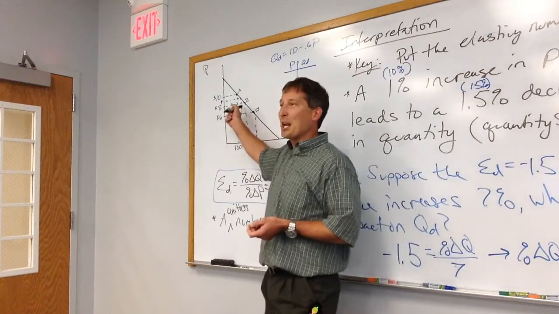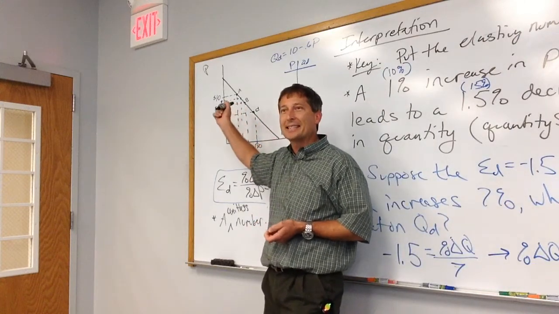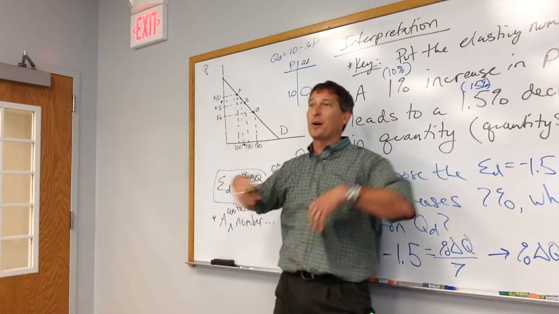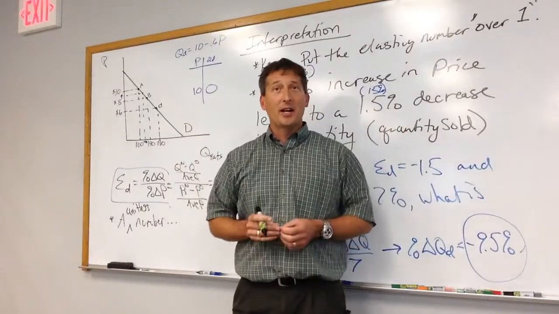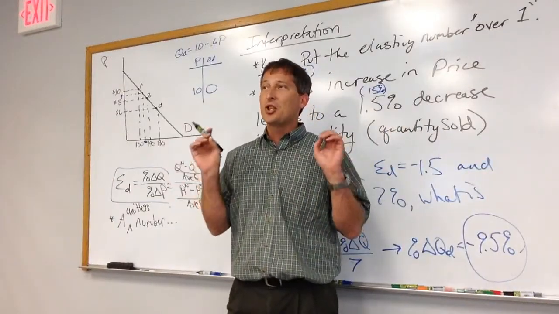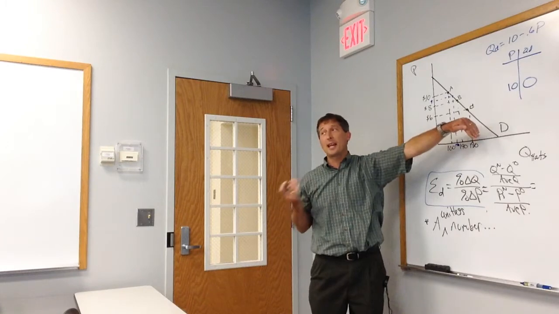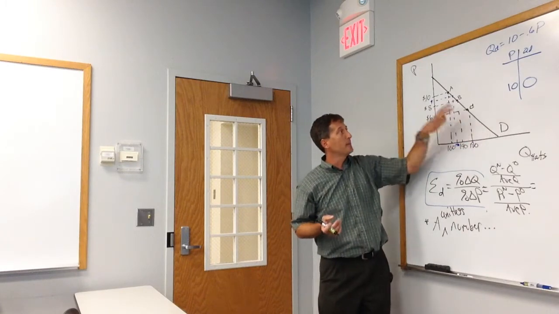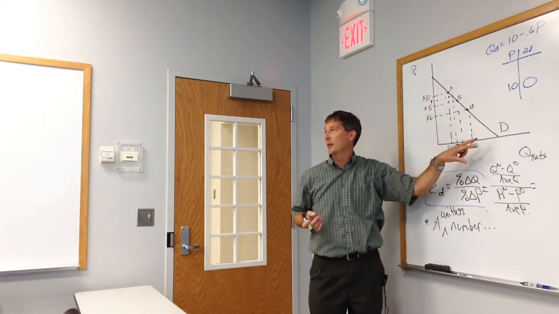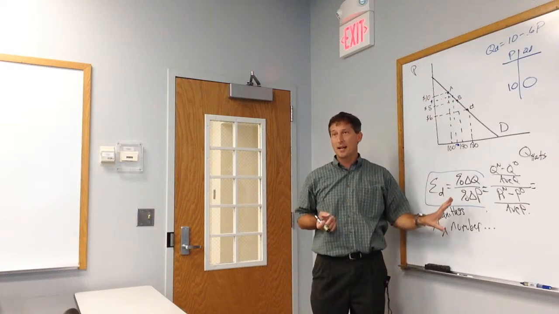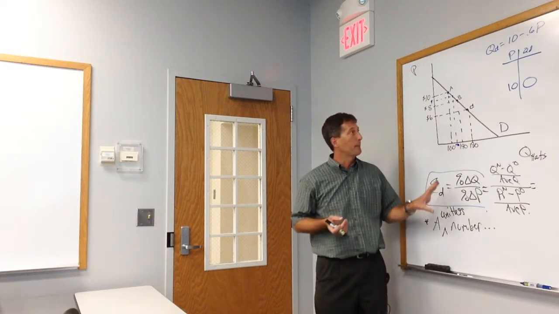Thought it was the same, but it's not. So that's what I wanted you guys to figure out on your own, is that that number changes at different spots along a demand curve with the same slope. The slope of the demand curve, as we said, does not change, but the elasticity does. That's an important concept.